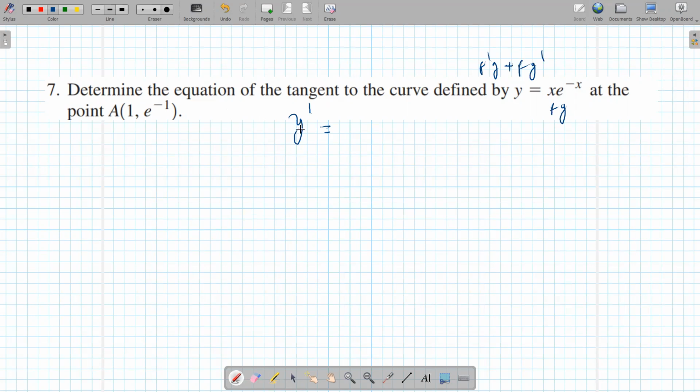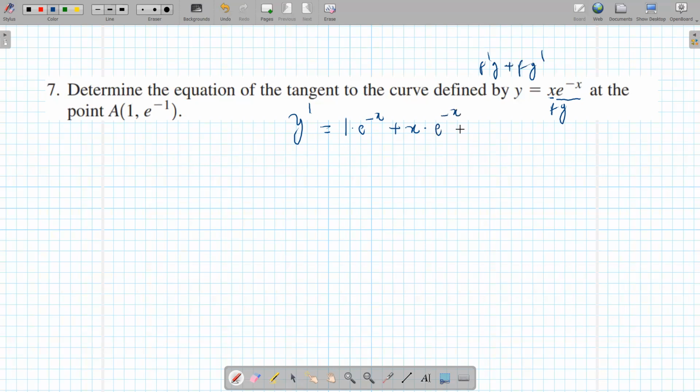So x times e to the power of negative x. Not x, 1 times e to the power negative x. F prime, right? The derivative of x is 1, plus x as it is, and the derivative, what's the derivative of g here? What's g prime? E to the power of negative x.